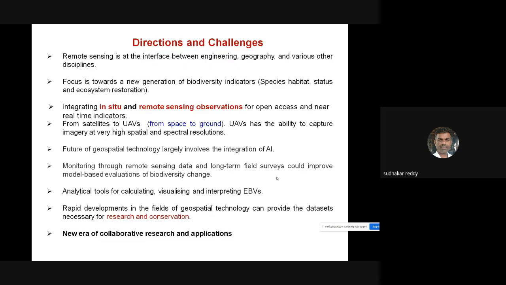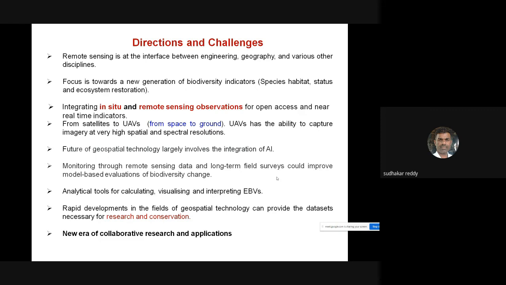Finally, I would like to conclude that the current directions and challenges are that remote sensing is not a pure discipline. It is an interface between engineering, geography, ecology, and various other disciplines.